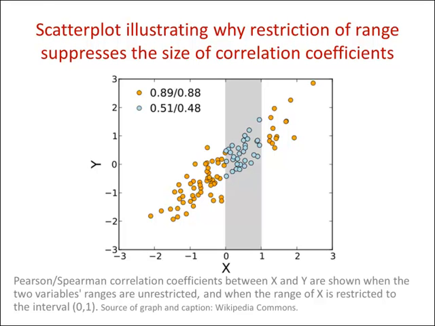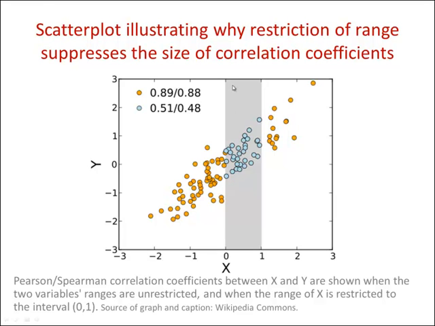In terms of why restriction of range suppresses correlation size, you can see that in this illustration here, where you've got a big scatter plot with the full range there from -3 to +3, and if you analyse all of those dots, you find that the correlation between x and y in this case is 0.89.